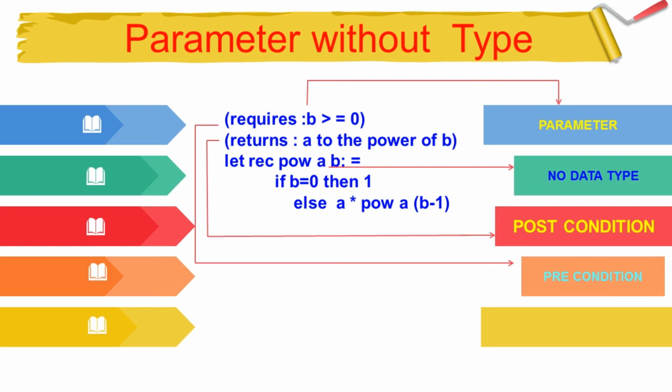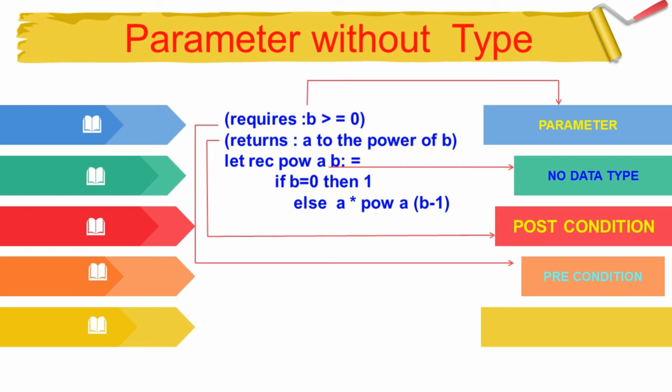So the if expression can return 1 in the branch. By the typing rule, the entire if expression has type int. Since the if expression has type int, the function's return type must also be int. So here b is compared to 0 with an equal to, that is the equality operator.